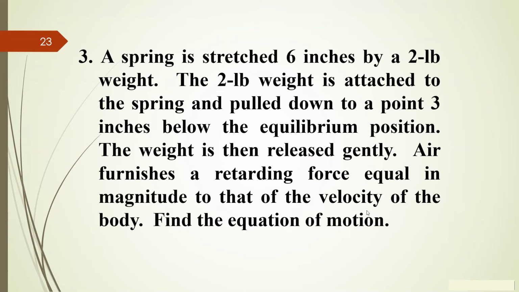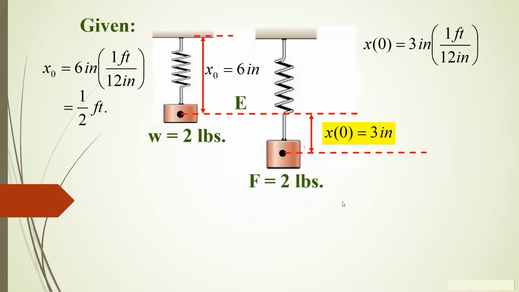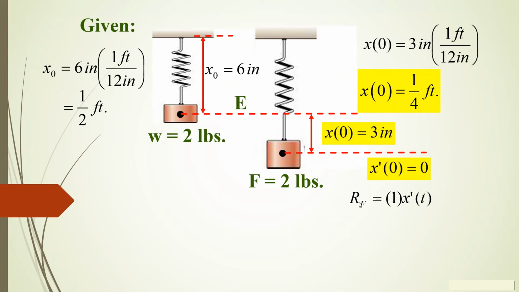But how is that? Di ba our initial velocity should be 0? Yes, at time equals 0, you have no velocity, because nothing was said about its velocity. So, it means, when you pulled it, initially you have no velocity yet, no impending velocity, but you have a retarding force.